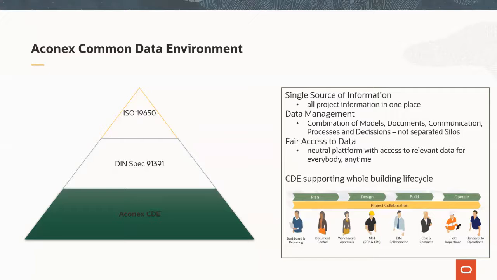Aconex is about fair access to data. We have a neutral platform with access to all the relevant data for everybody at any time. And the Aconex CDE supports the whole building lifecycle, from plan, design, construction, and the operation of a building. Everything is stored in one place on the Aconex CDE.